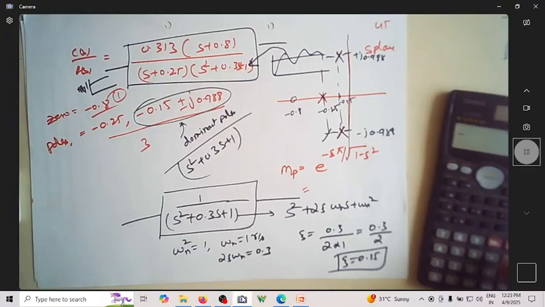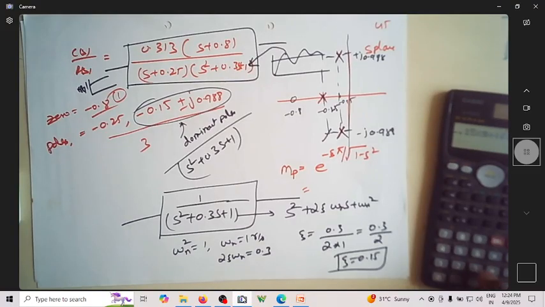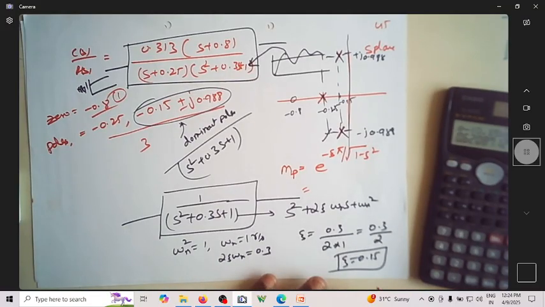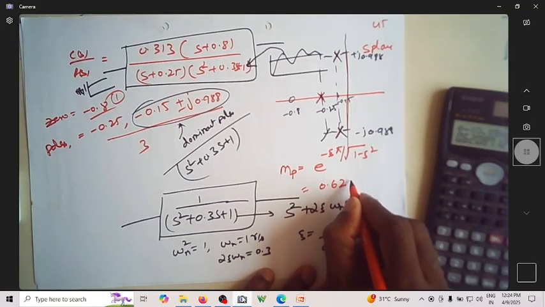So you substitute into this and try to find out what is Mp for a step input. Let me do that. So it is shift e power minus, open the parenthesis, 0.15 into pi divided by, open the parenthesis, open the square root, 1 minus 0.15 square, close. So it is 0.62.